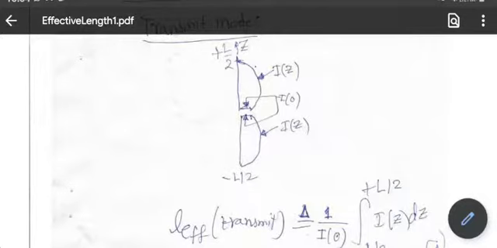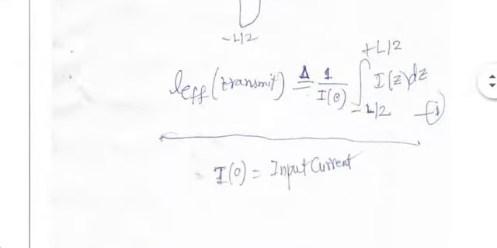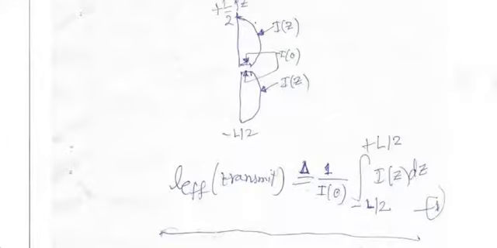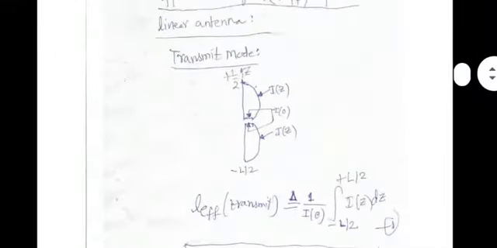If you're not sure, just forget it. Take this mathematical definition for sure. This is for transmit antennas. Input current divides the total integral of Iz with dz over the length of the antenna. That's how L effective is supposed to be calculated for a given antenna.